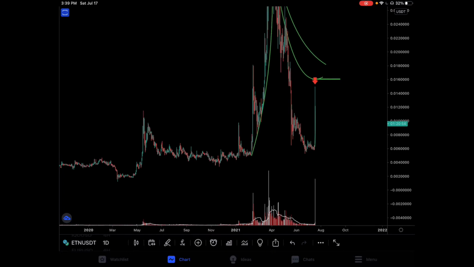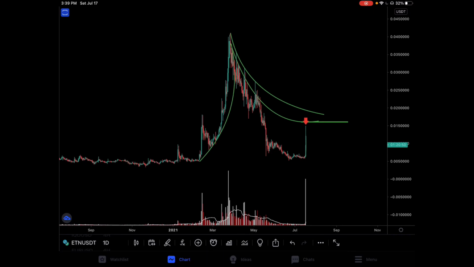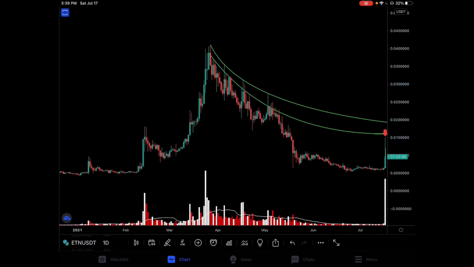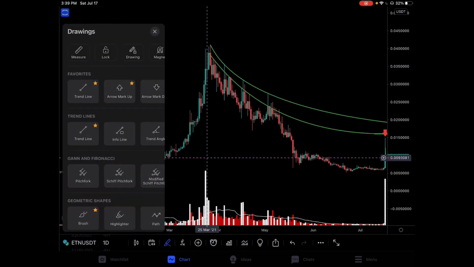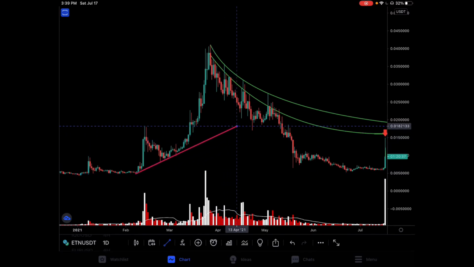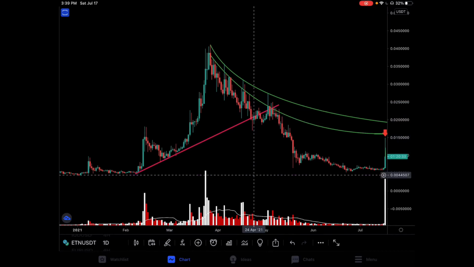So let me show you what I show you. So this is a parabolic trend line, and the reason I know it's parabolic is because if you were to connect this bottom right here to this bottom in the core to core, a couple things are happening.